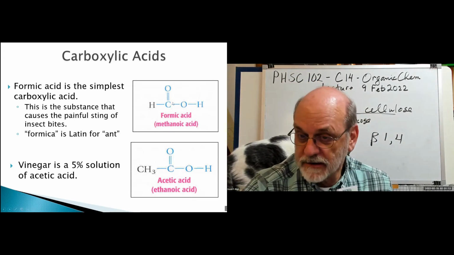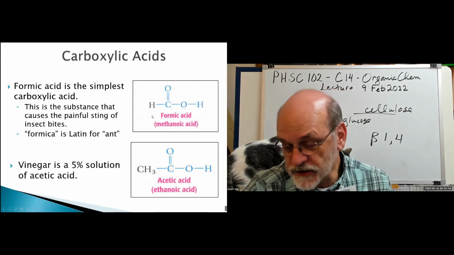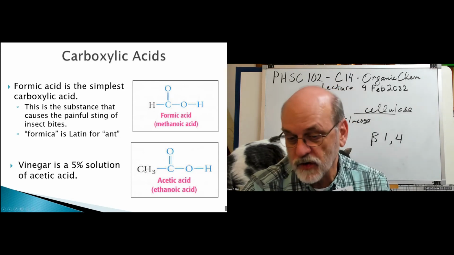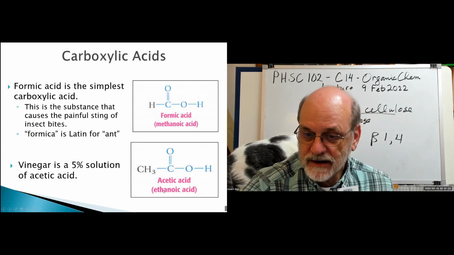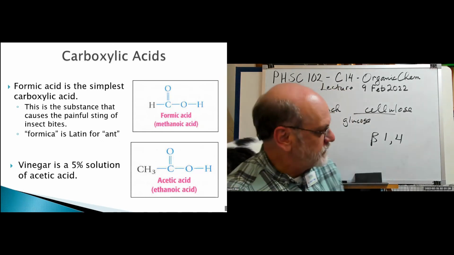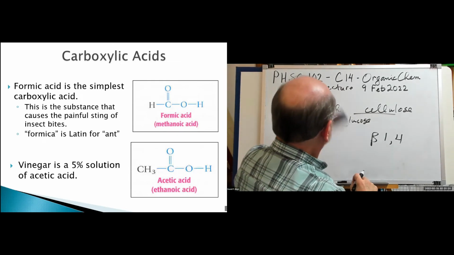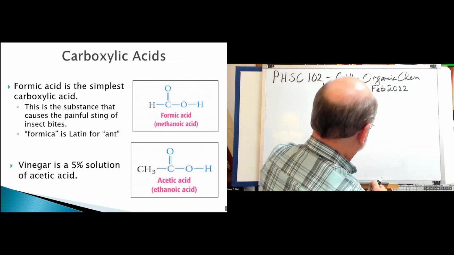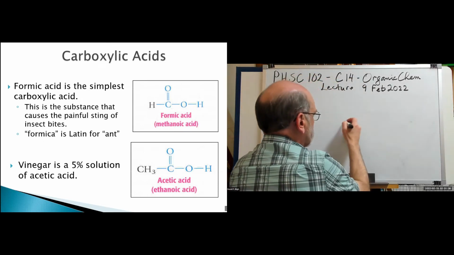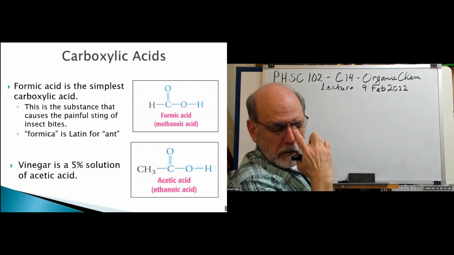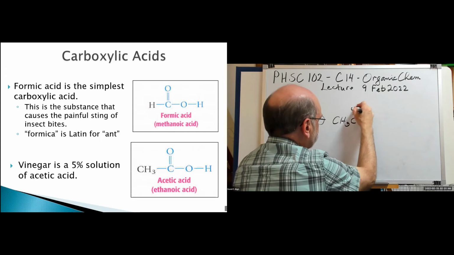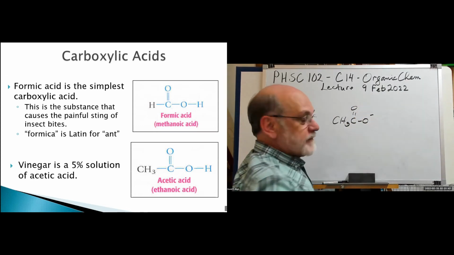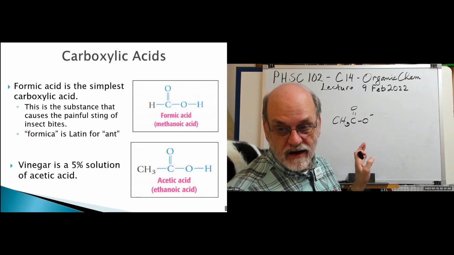Okay, so that's formic acid. Acetic acid, instead of H, we substitute a methyl group. And that methyl group makes this ethanoic acid, more commonly called acetic acid. The reason it's called acetic acid is because this group here, if it's lost its hydrogen, is called the acetate ion.